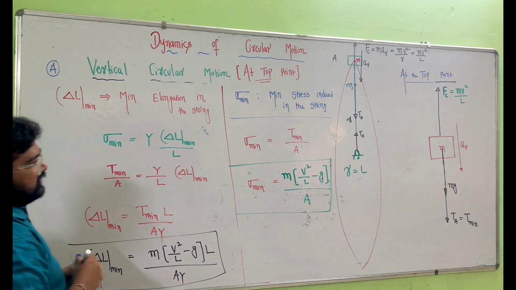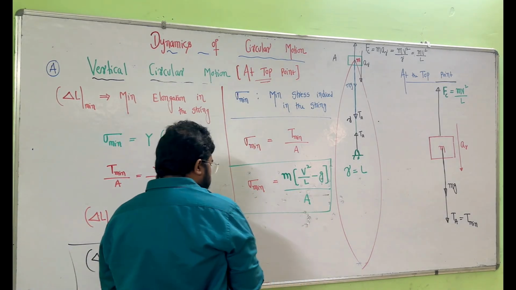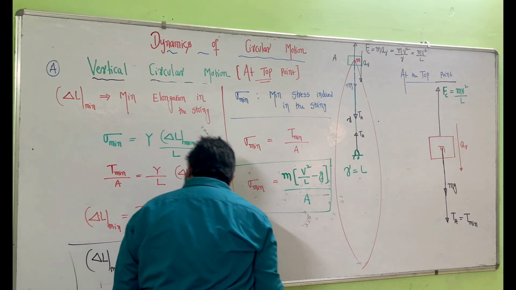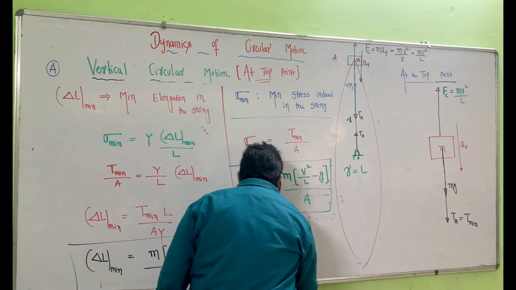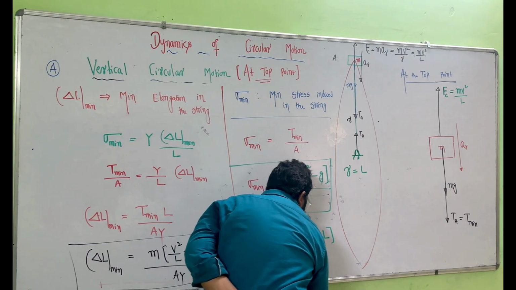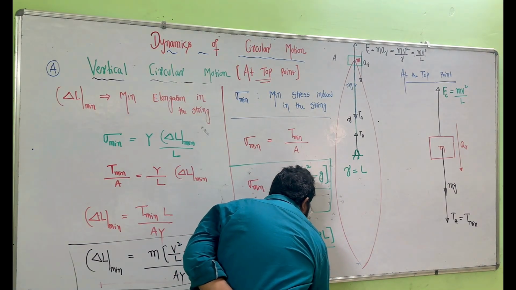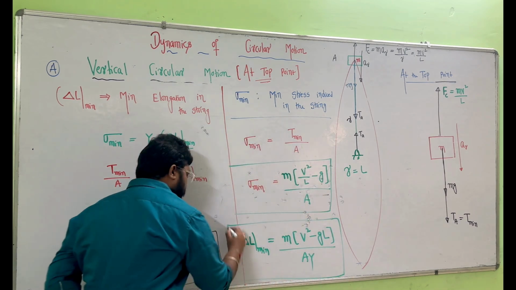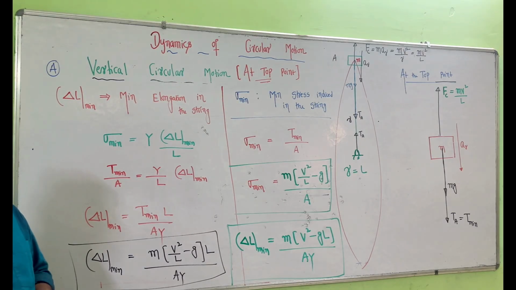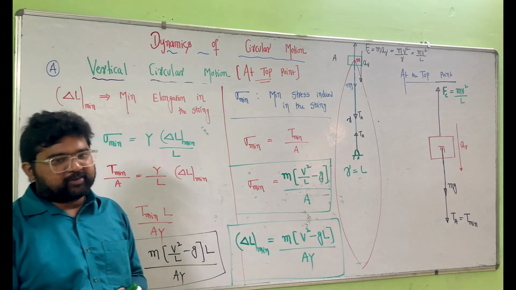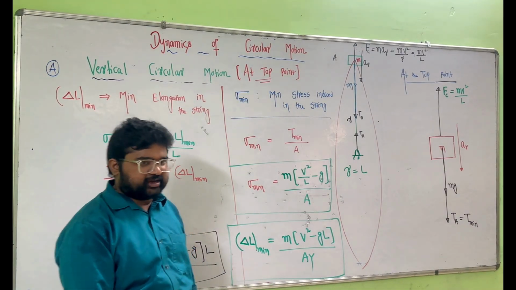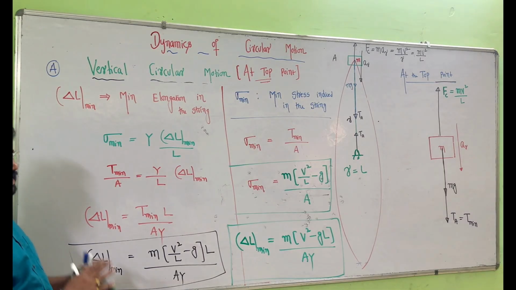If you simplify a little, delta L minimum equals M into V square minus GL, by AY. This is the minimum stress induced at the topmost point, the minimum elongation, corresponding minimum strain, minimum tension. Same thing is obtained.